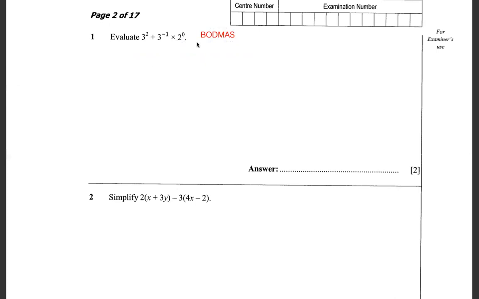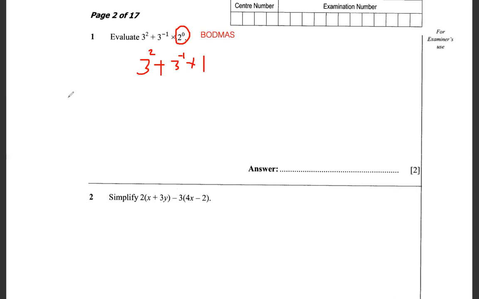The first part is to understand that any number raised to power 0, or any term that gives us a 1, so that gives us 3 squared plus 3 negative 1 then times 1 because of the negative power.